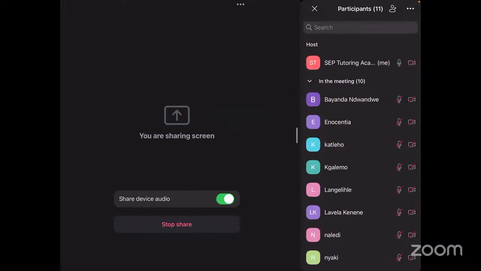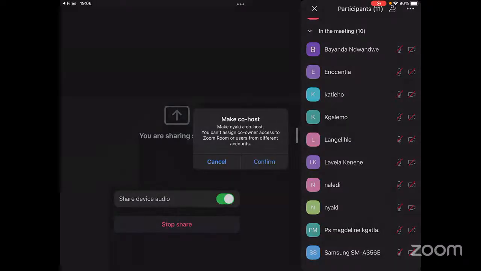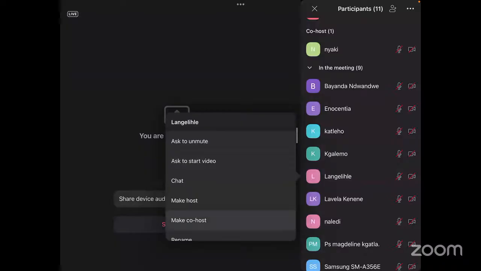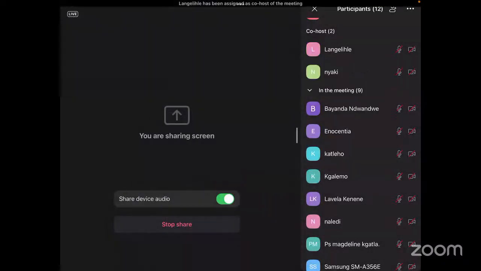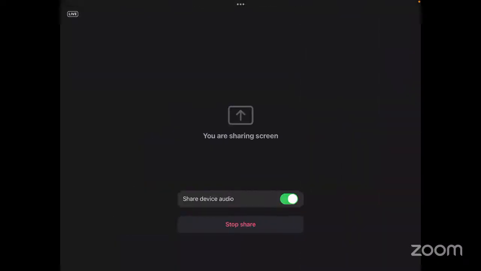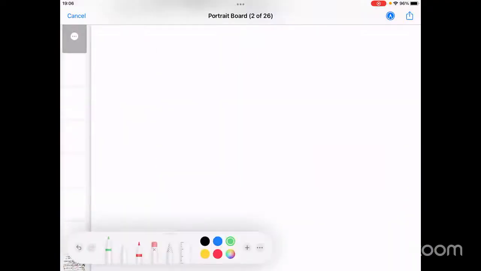So just in case my screen disappears, I'll make a co-host. Nick has been assigned as the co-host. Let me make you the co-host. Okay. So Nyaki and Langlihle definitely know very well what to do.